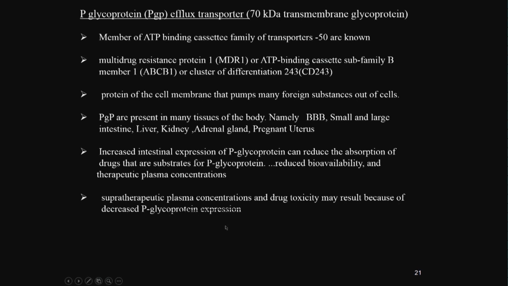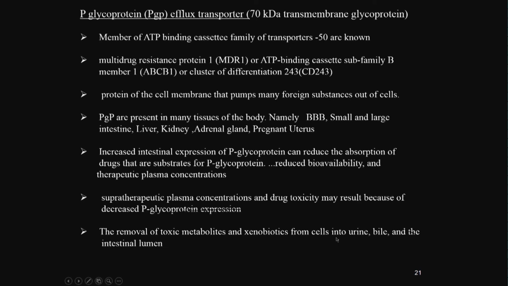If the glycoprotein expression is low, then the amount of the drug may go up, leading to higher plasma concentration or even toxicity. So, people who have large expression of PGBs may have different concentrations of the same drug in the plasma, and those with high expression may have lower concentrations of this particular drug in the plasma region.